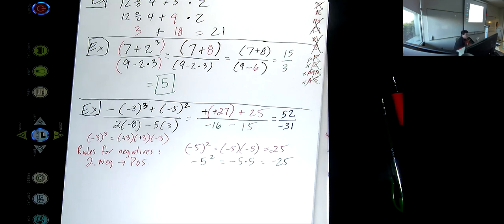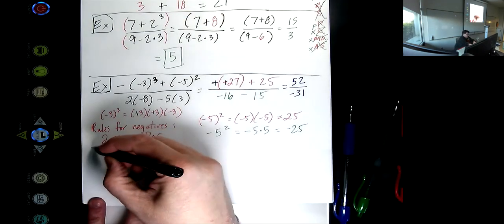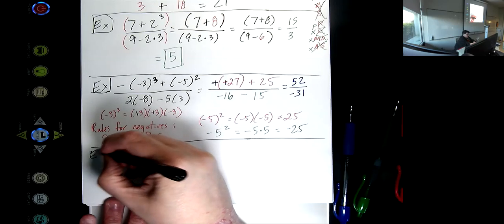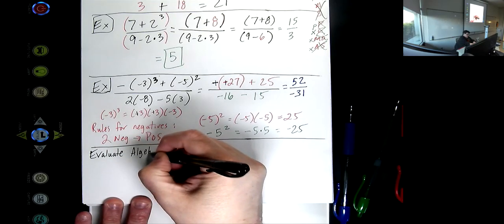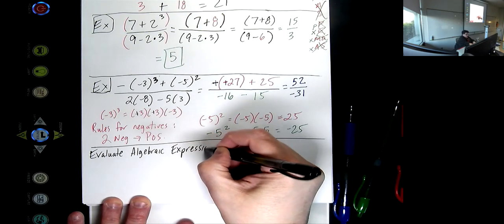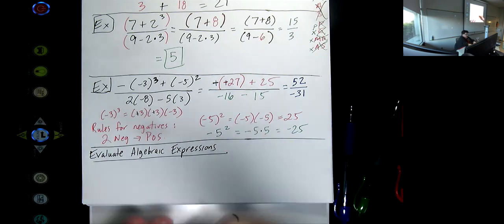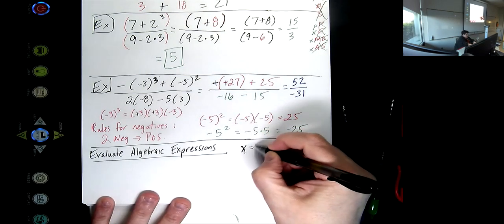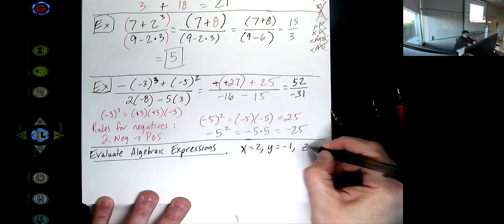Why did I really go over that? Because something you will do a lot of in algebra is evaluate algebraic expressions. The most frequent time you'll do this is if you're checking your work. Let's say in this example, x equals 2, y equals -1, and let's say z equals -4.